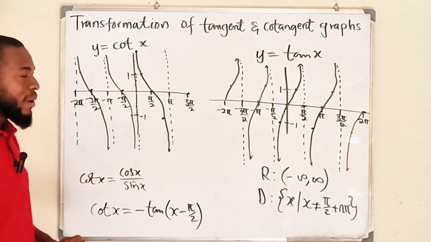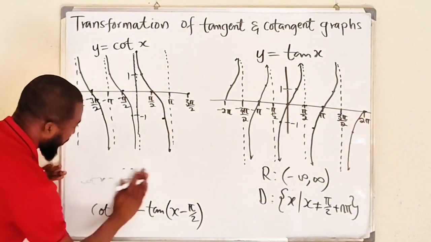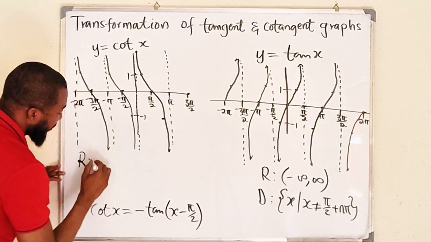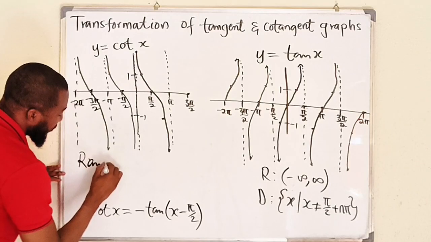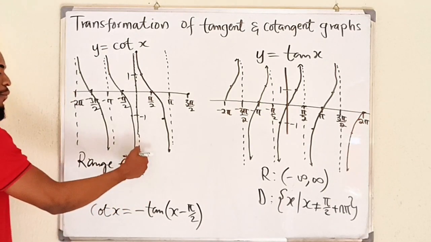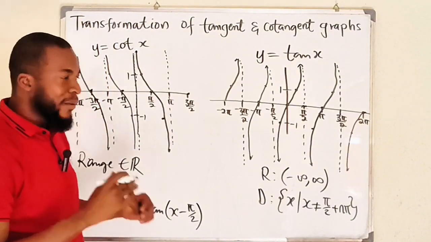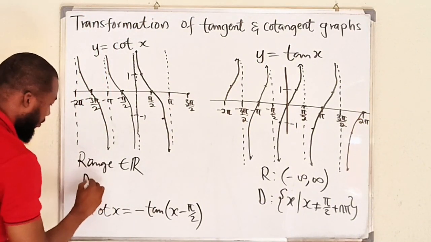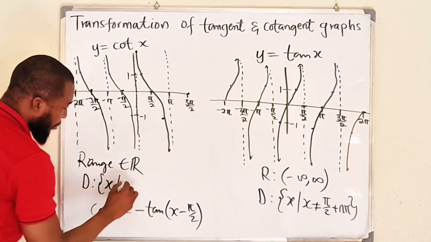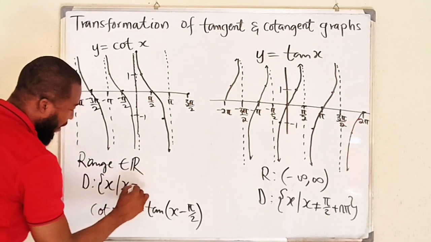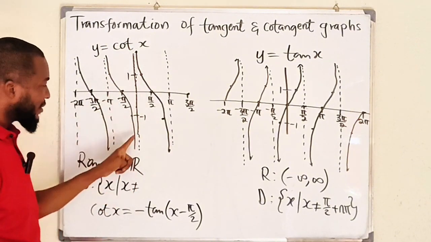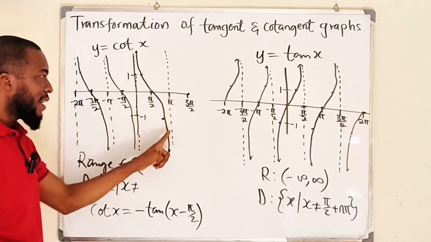So now let us talk about the range and the domain. The range is all real numbers, because you can see from bottom to top, it is going forever. But what about the domain? They are all set of real numbers x, but we don't want anything that will make x equal to the asymptotes. 0 is an asymptote, pi is an asymptote.